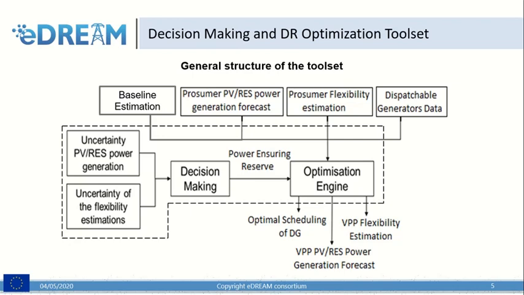These data are used by the tool to first estimate the uncertainty of the PV generation forecasts and the uncertainty of the flexibility estimation, then make a decision for the reserve and do the optimization. The output of the tool will be the optimal scheduling of the dispatchable generators, the aggregated virtual power plant PV power generation forecast, and the aggregated virtual power plant flexibility estimations.